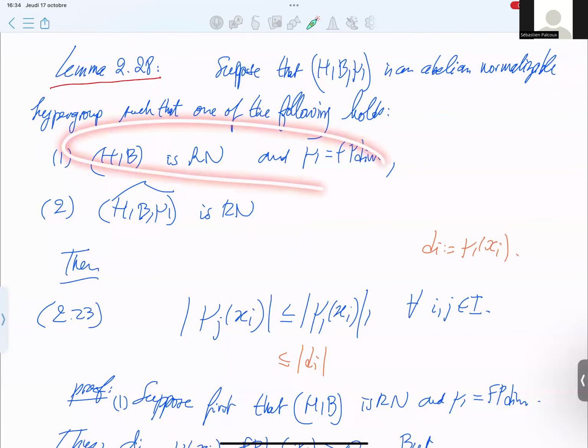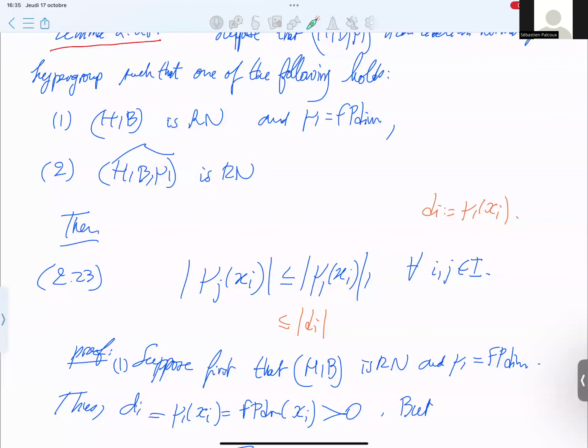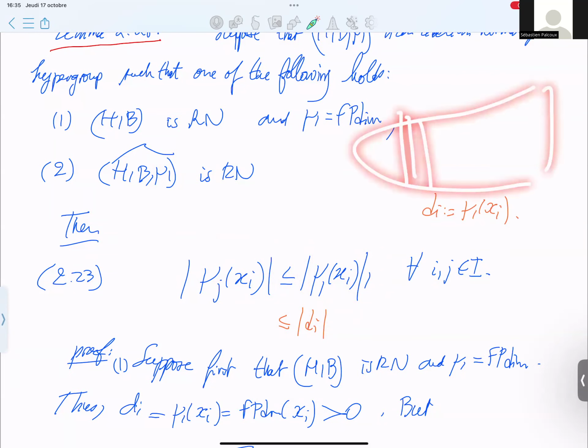If you have this or this, then you can prove that the complex modulus of the entry of the character table is dominated by the first column. You have the character table, you have the first column, and you take the square modulus.